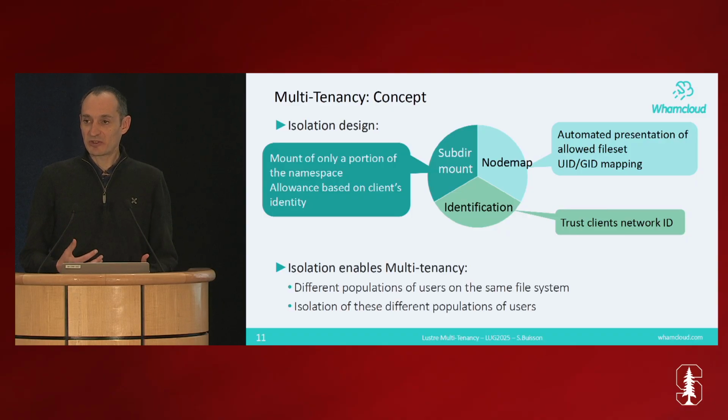You can make it possible by making sure you restrict your different populations to only the subdirectory on the Lustre file system that they're supposed to see. So it means we need to be able to support subdirectory mount, but it has to be automatic so that we really restrict the clients to their subdirectories. We also need to carry out ID mapping to avoid ID conflicts.